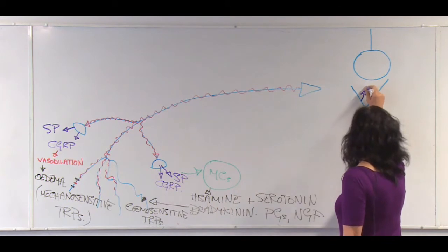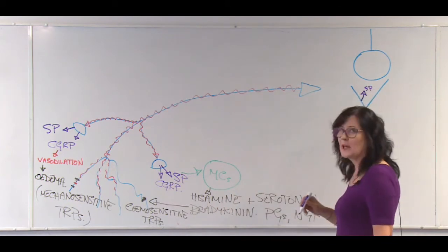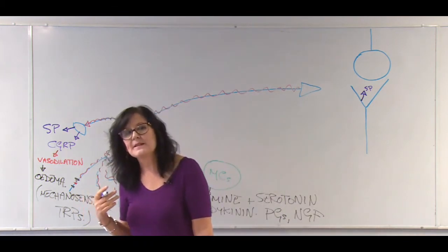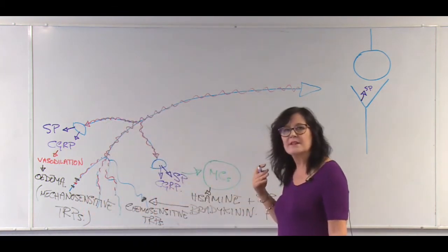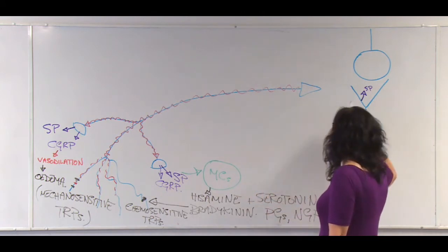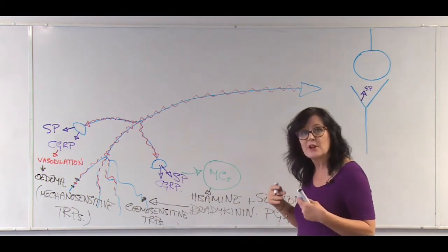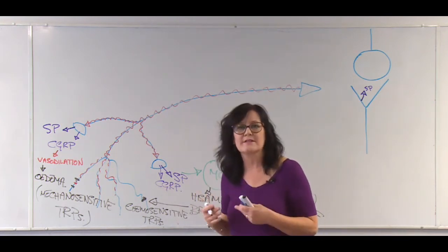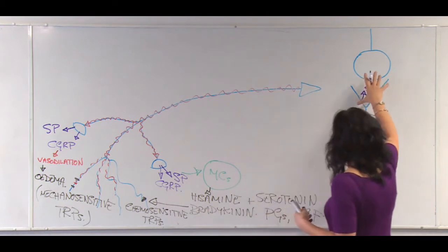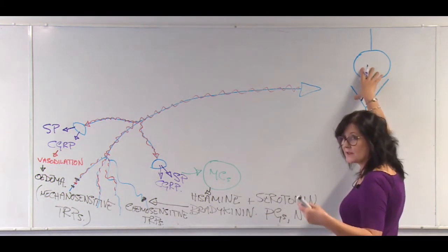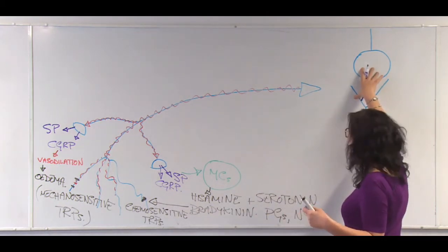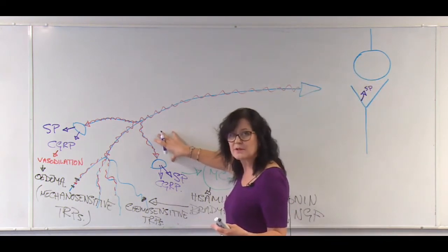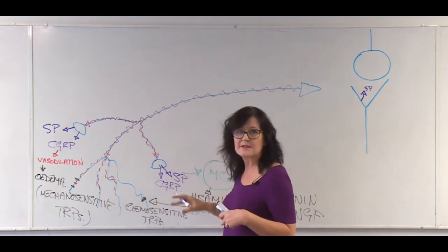So we get substance P at the central synapses. And what it does there, it enhances the effect of glutamate. It sensitizes the glutamate receptors so that glutamate has a greater action. So it's enhancing pain centrally at the synapses. So this is central sensitization, and peripherally at the nociceptors, this is peripheral sensitization.